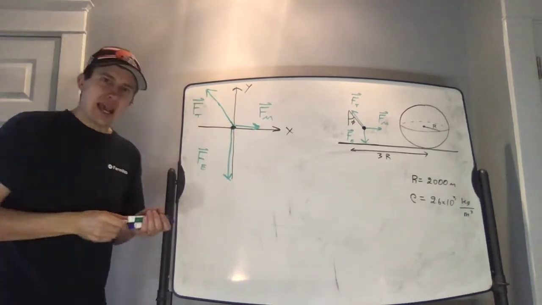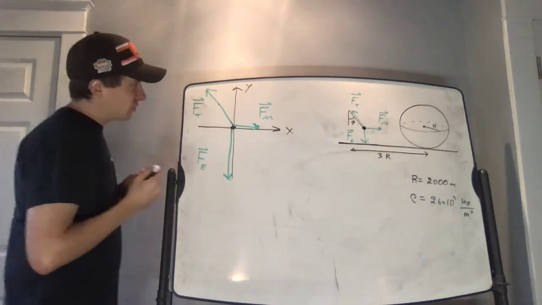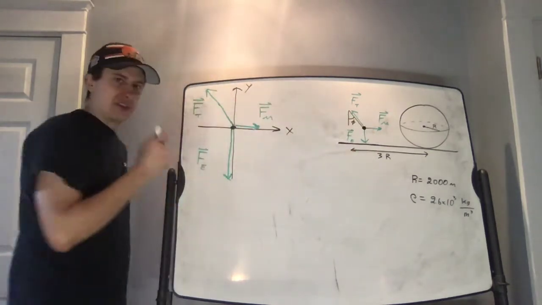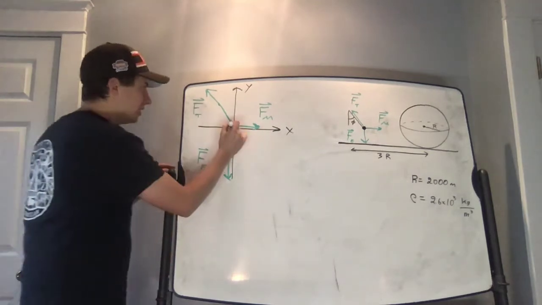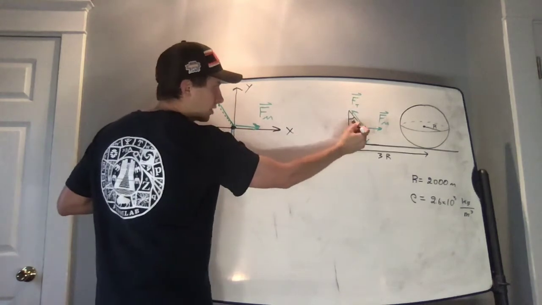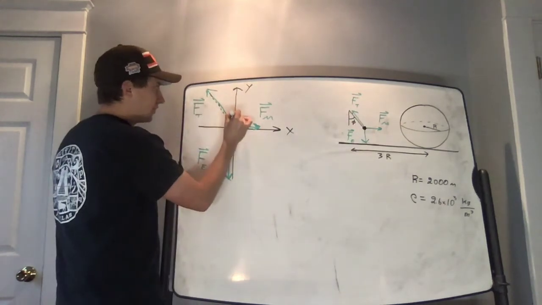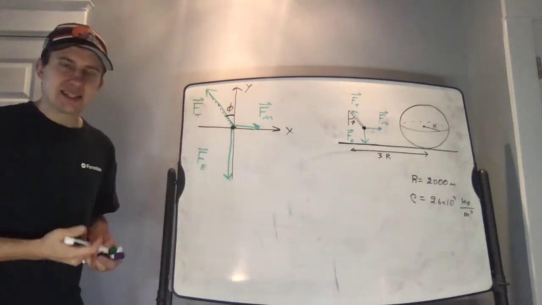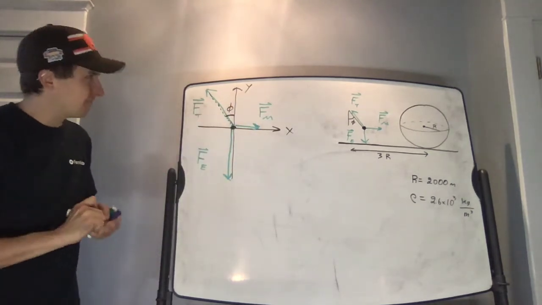Now, if I look at this picture, the string is going to be aligned with the force of tension. So I could say the angle of the string over here will also be whatever this angle is over here. And this angle phi is what we're ultimately trying to find.